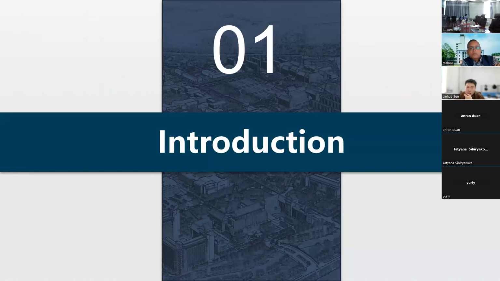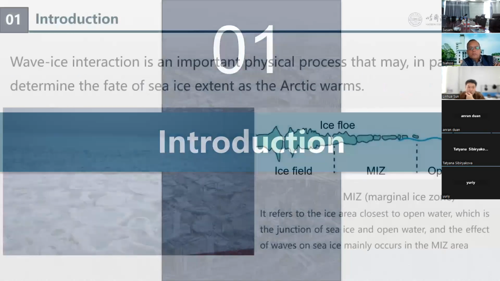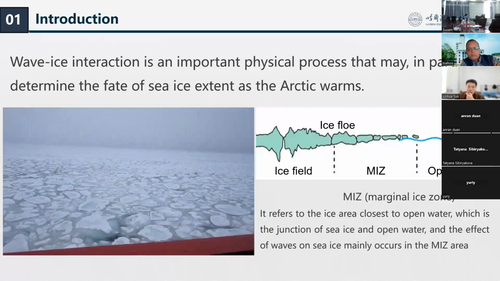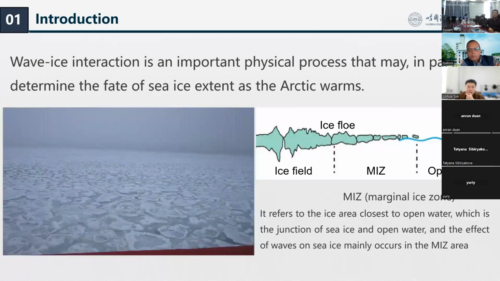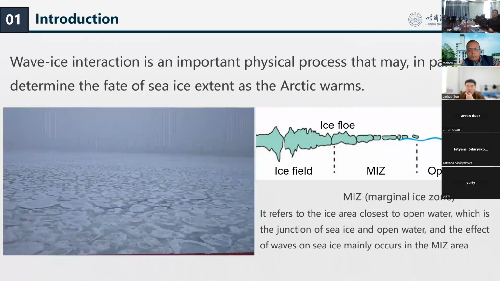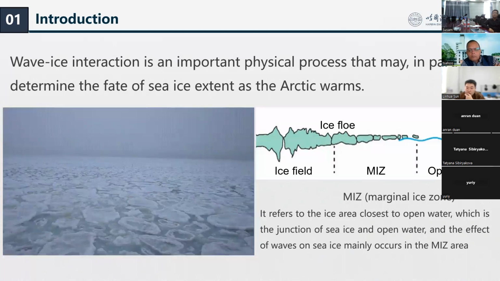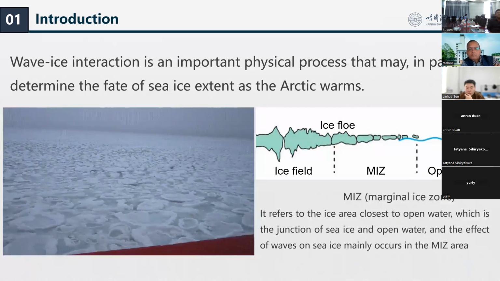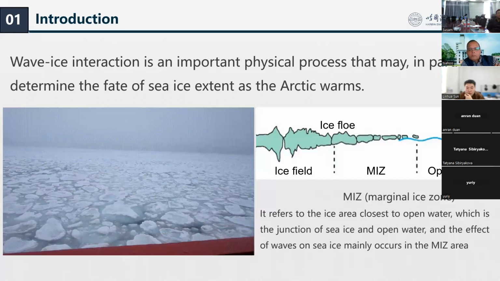Part one is the introduction. Wave-ice interaction is an important physical process that may in part determine the fate of sea ice extent in the Arctic. The picture on the left was taken in reality. We can see the movement of ice under the action of waves.